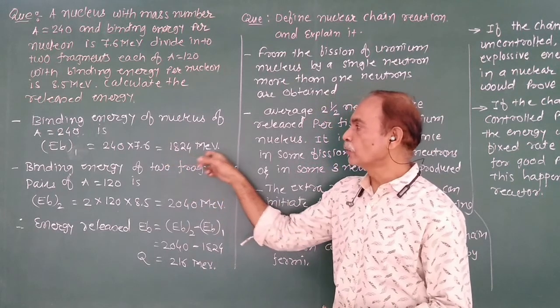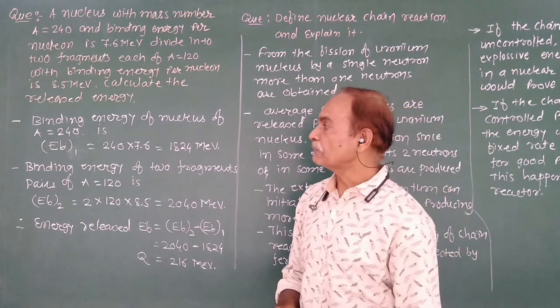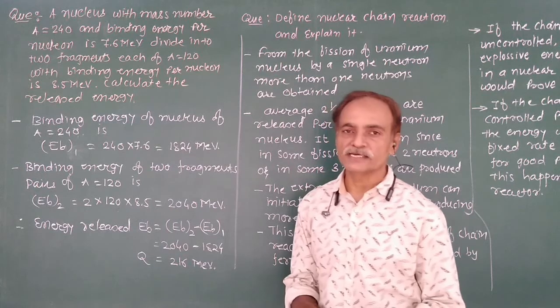Therefore 1824 MeV is the binding energy of the nucleus.